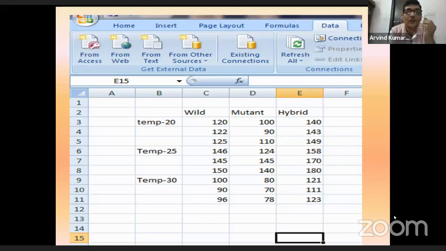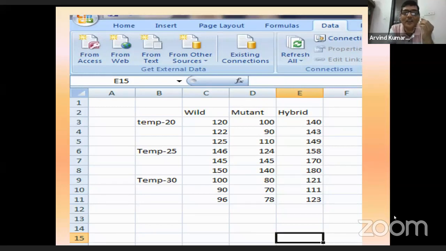So what we did, we recorded the number of eggs laid by wild type females, and that is recorded thrice. So at one point of time they laid 120 eggs, then 122, then 125 eggs, but that happened at the temperature 20 degrees Celsius.